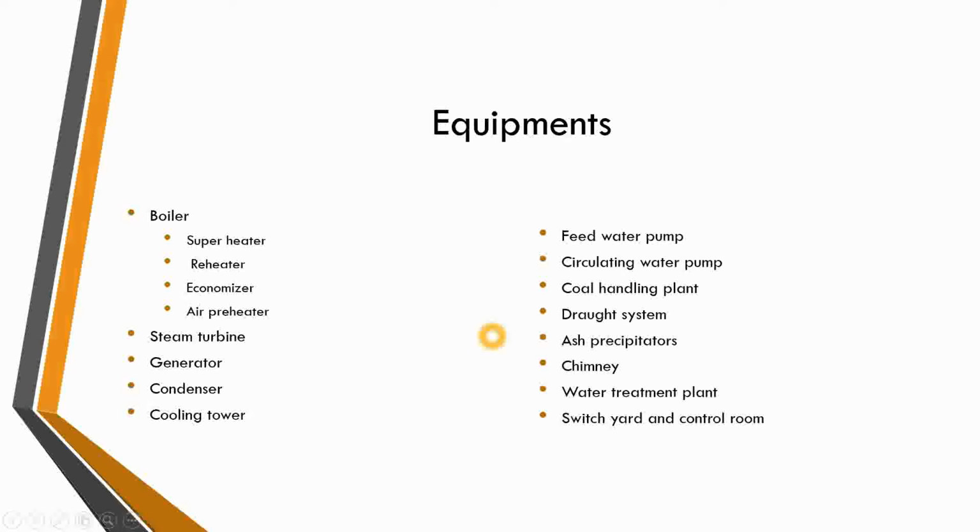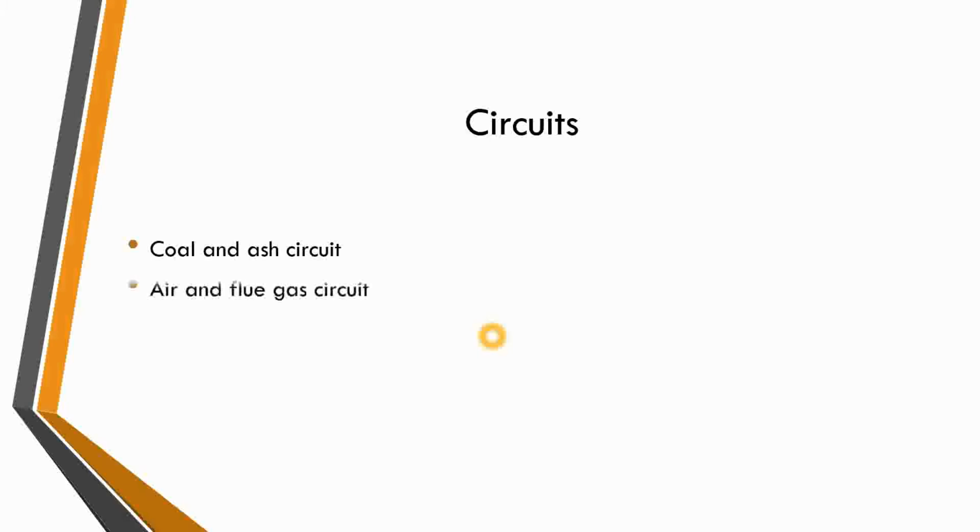Then steam turbine, generator, condenser, cooling tower, feed water pump, circulating water pump, coal handling plants, draft system, ash precipitators, chimney, water treatment plant, switchyard, and control room. We will discuss all of these equipments in the layout section.